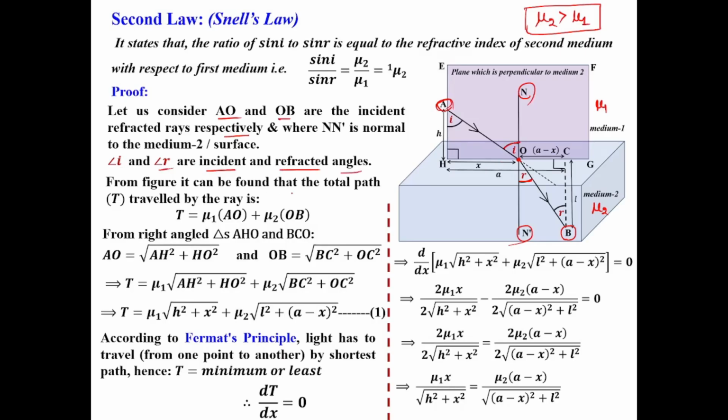From the figure it can be found that the total path traveled by the ray is A to O to B. That means T will be equal to mu1 AO plus mu2 OB, as we are dealing with two different mediums. So we have to write the optical path. The optical path is nothing but the refractive index times the real path.